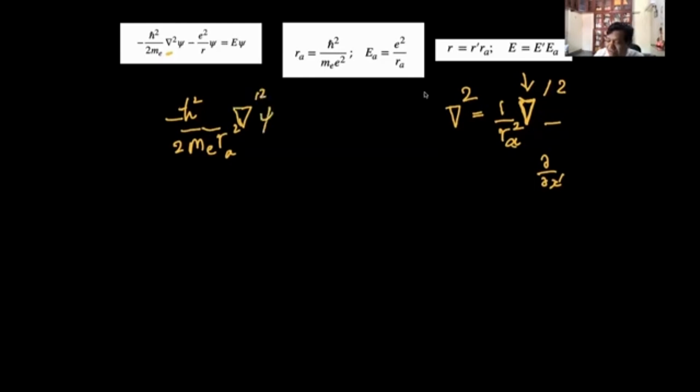I'm not non-dimensionalizing psi. Psi can also be non-dimensionalized, but it appears in all three terms, so it doesn't really matter for this particular problem. So e squared by r will be replaced by e squared by R prime times R_A, psi. And E is replaced by E prime times E_A, e squared by R_A, psi.